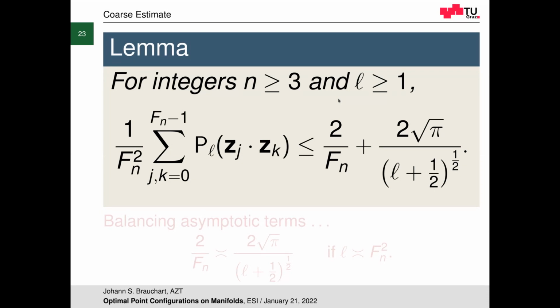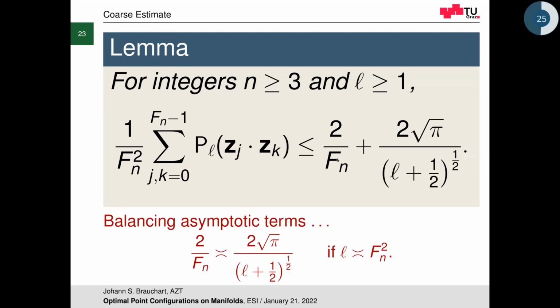If you want to balance those two terms in terms of asymptotics, then you see that the second term is dominant for smaller values of L, and the first term becomes dominant for larger values of L, and large really means square root of the number of points and more. So at first glance, this doesn't look very useful.